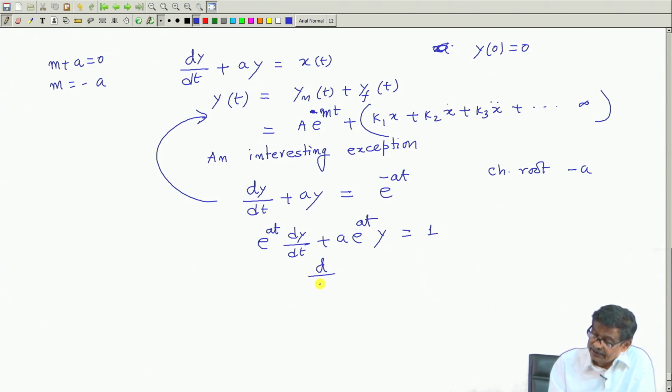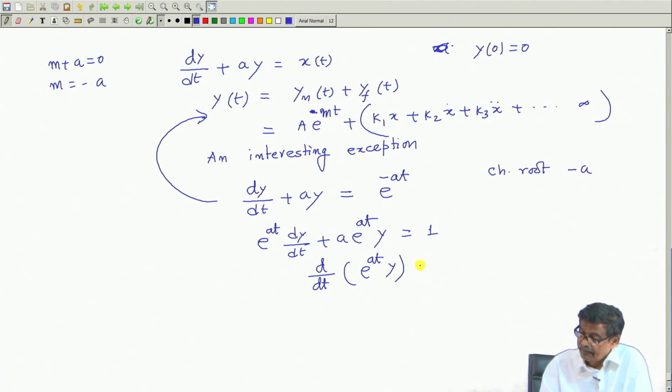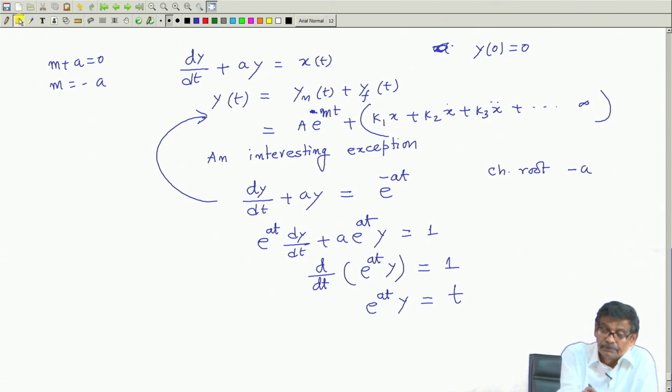So, what you get here is d/dt of e to the power a t into y is equal to 1. So, what will be e to the power a t into y? It will be t, because if you differentiate t you get 1. Integrate both sides, take dt to that side, that is, I have taken this dt to that side and integrated.